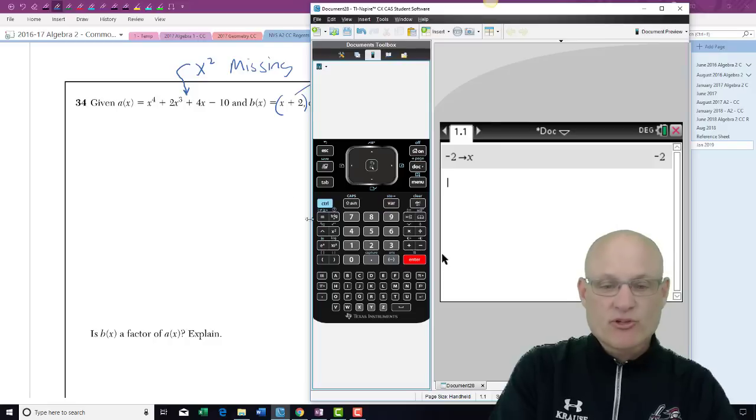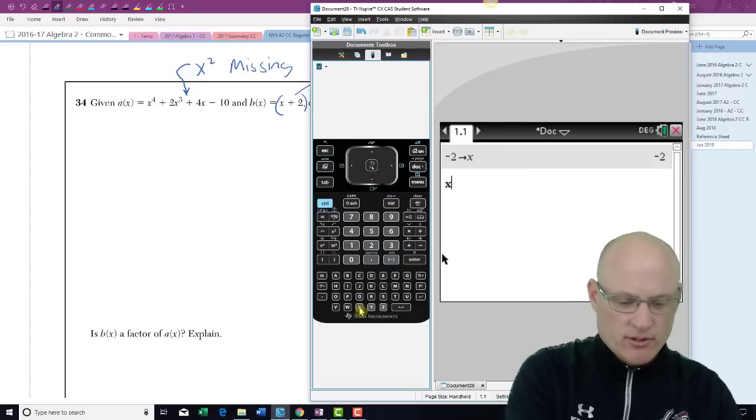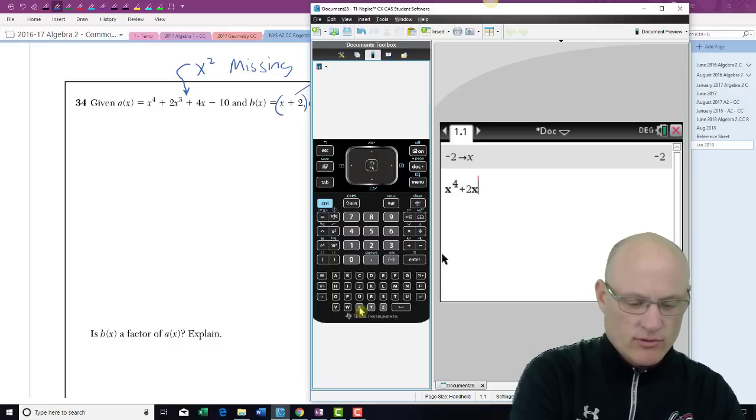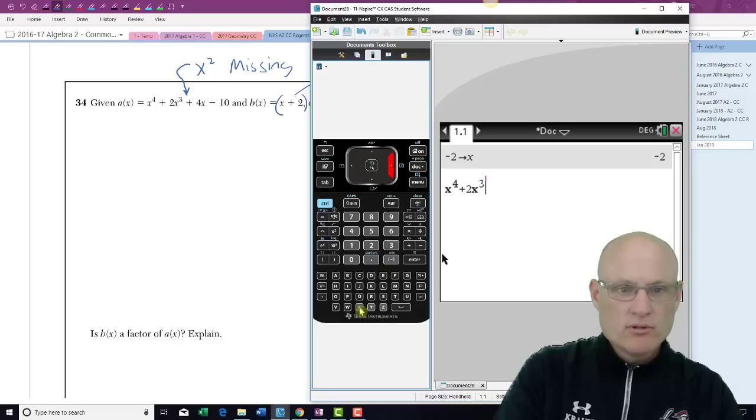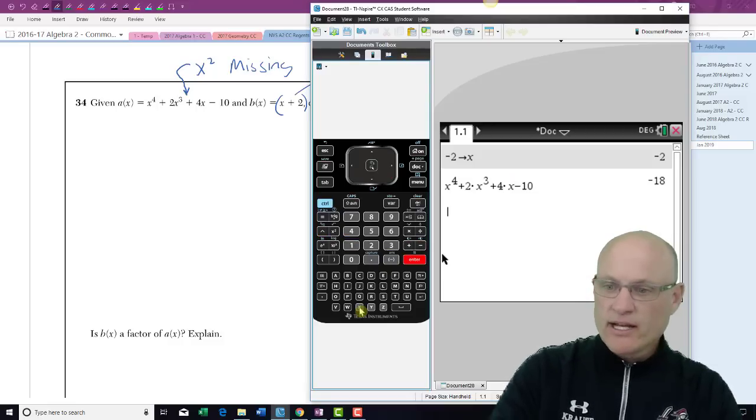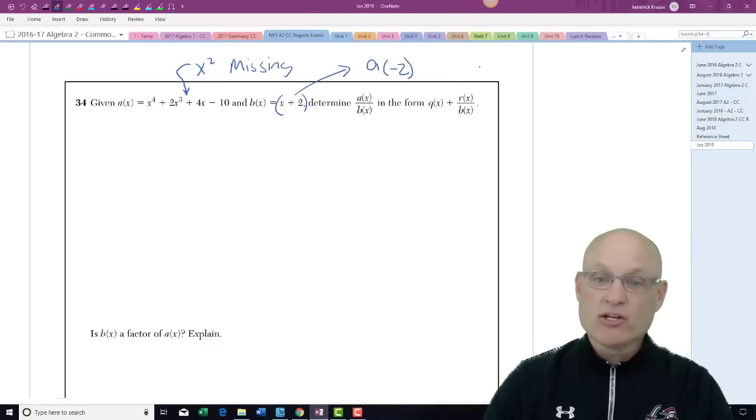And then I'm going to type in just the original problem, which is x to the 4th plus 2x cubed plus 4x minus 10. And I get -18. So I know my remainder better be -18.